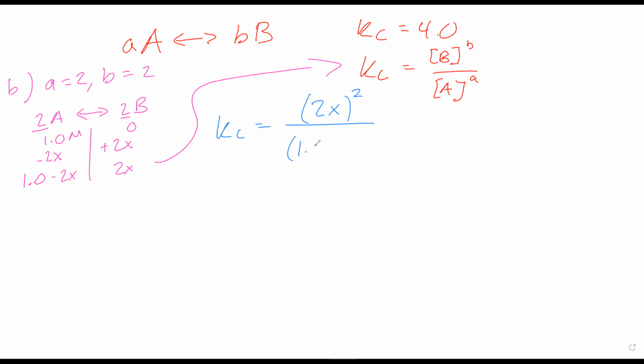We're just going to have 1.0 minus 2x, to the power of the coefficient. Anybody confused on any numbers I have grabbed? No. All right, let's keep going. So setting this equal to 4.0, as the question has told us, will give us an x of 0.8. Oh wait, sorry, 0.4. Looking at the wrong question.